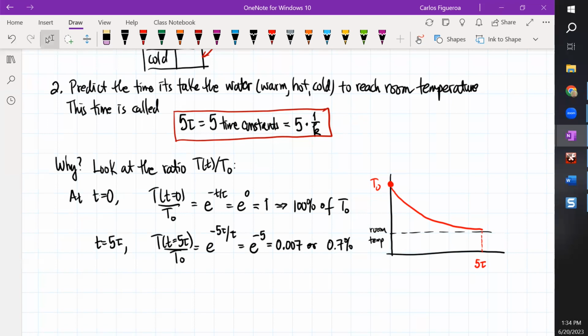So if I was to write this, it says this: the temperature has decreased.